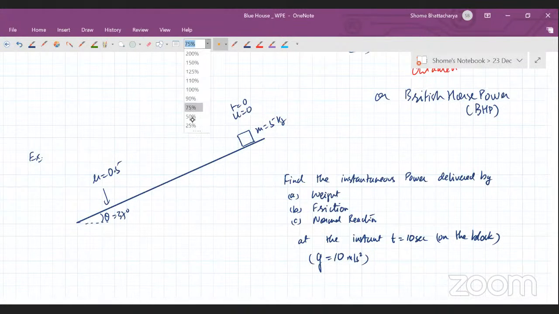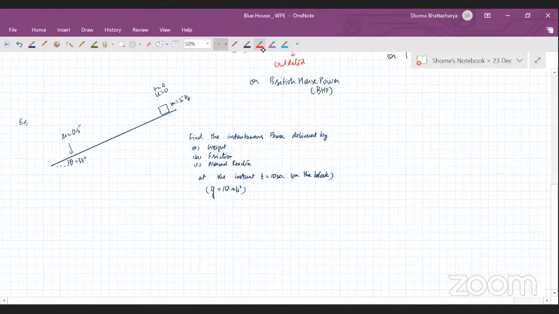Okay, so there are a number of ways we can do this question, but easiest way is to first of all use the direct result from friction and Newton's laws of motion that we know, that the acceleration of the block down the inclined plane will be g into sine theta minus mu cos theta. So in this case, it will be 10 into sine 37, which is 0.6, minus friction, which is 0.5, into cos 37, which is 0.8.